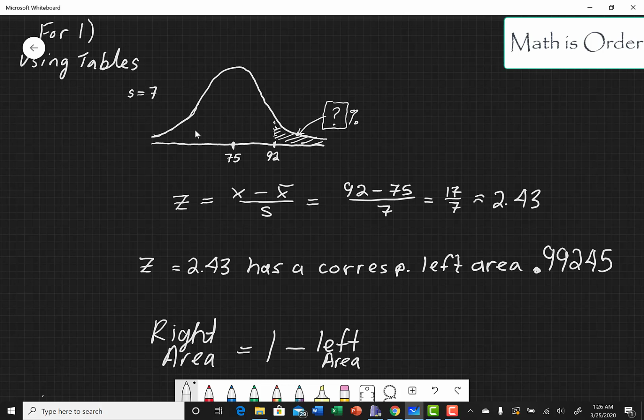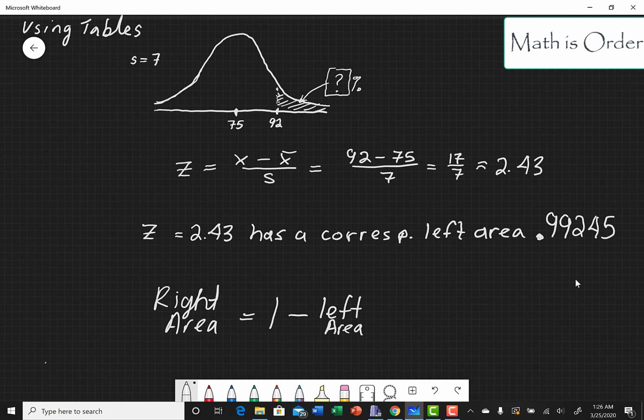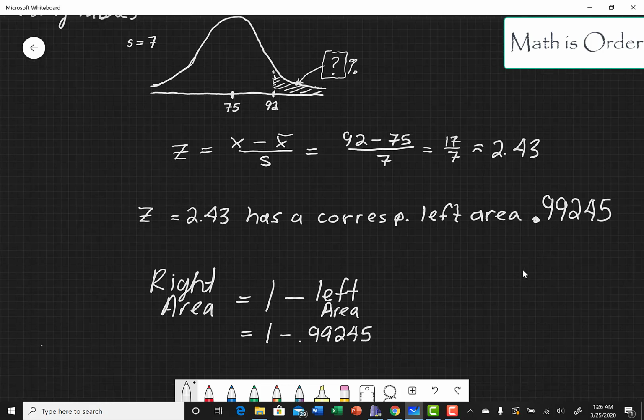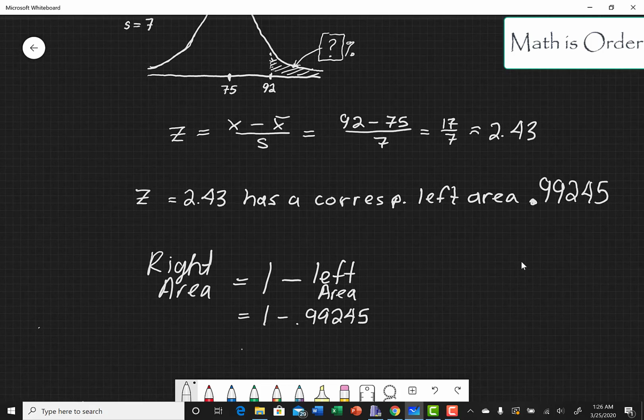So 100% minus 0.99245, or 1 minus 0.99245.